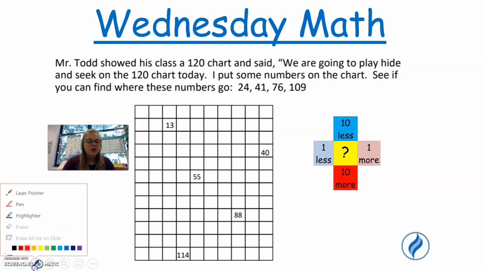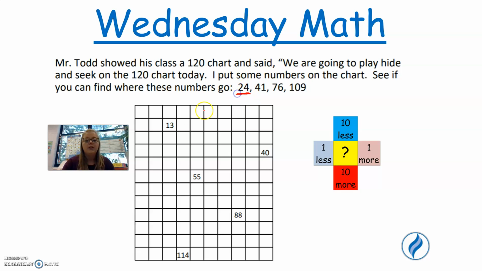Alright, I'm going to talk you through how I figure out the first one. I see the first one is 24. Okay, well, I don't see any numbers close to that. But I do see a 13. And I know that after my teens comes my 20s, right? So 13 and 10 more would be 23.